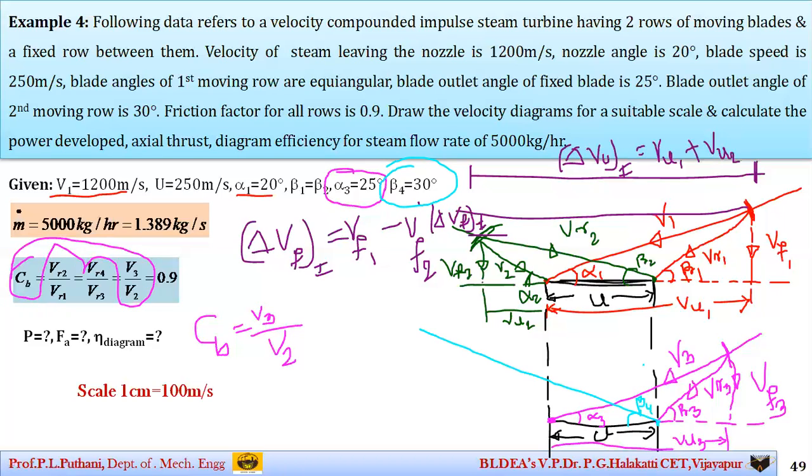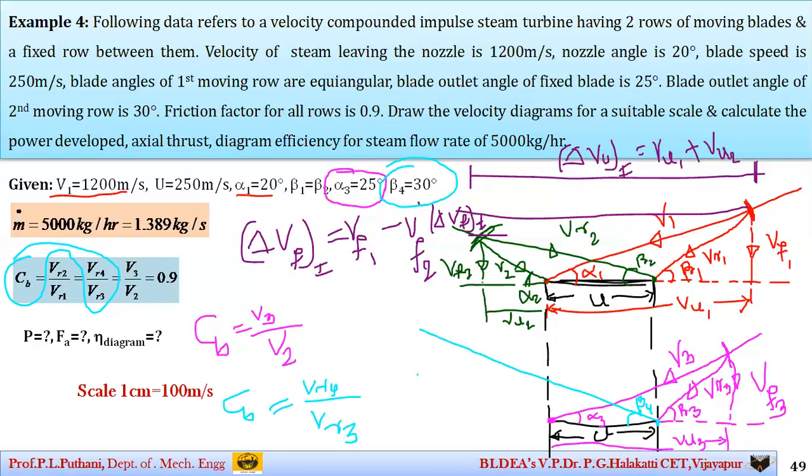Now, to find the length, I will take help of the blade coefficient, that is this particular equation, CB is equal to VR4 by VR3. I take the help of this equation and I will get the value of VR4.